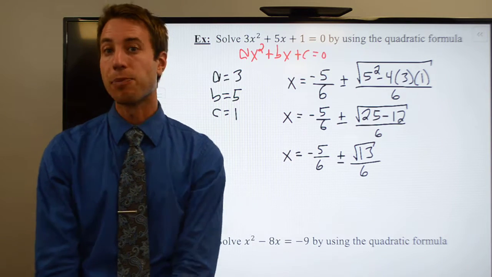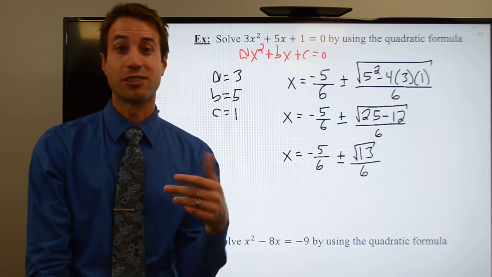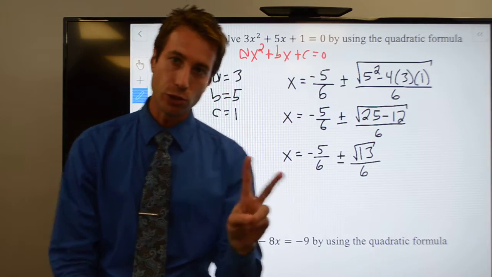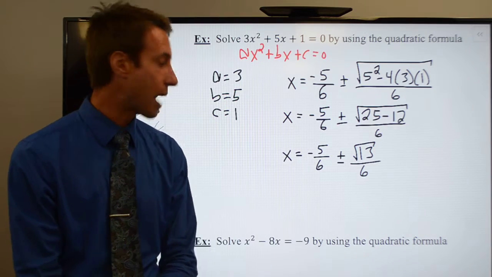And 13 is not a perfect square, and it doesn't have any factors that are perfect squares. So it turns out I'm done.